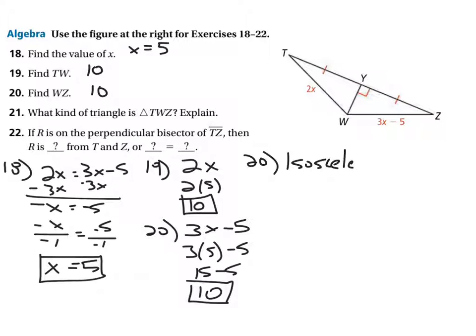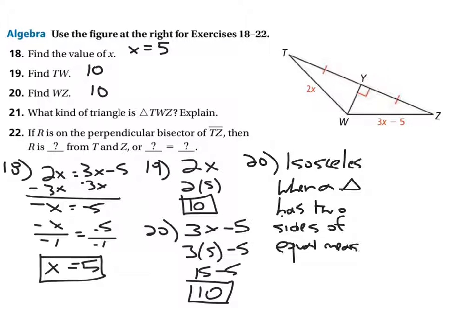Isosceles: when a triangle has two sides congruent, sides of equal measure, it is an isosceles triangle.